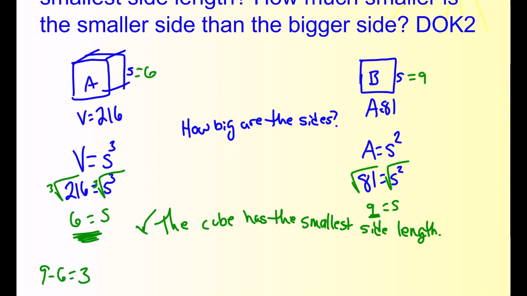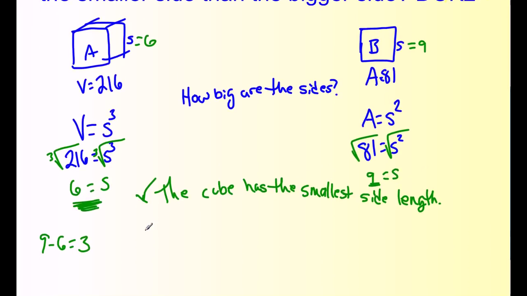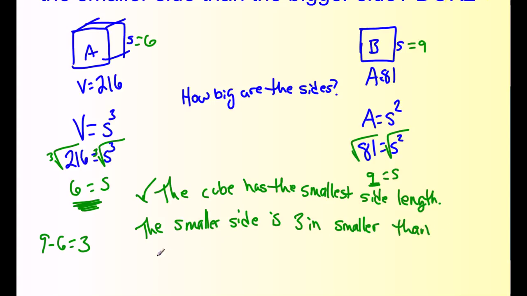So how much smaller is the smaller side than the bigger side? The smaller side is 3 inches smaller than the bigger side.